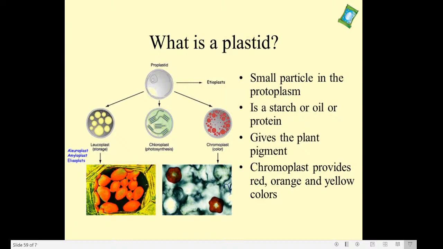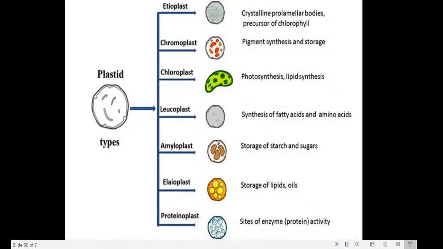Leucoplast is helpful for storage of food, chloroplast is helpful for photosynthesis, and chromoplast is helpful for storage of color pigments. These all play very different roles.